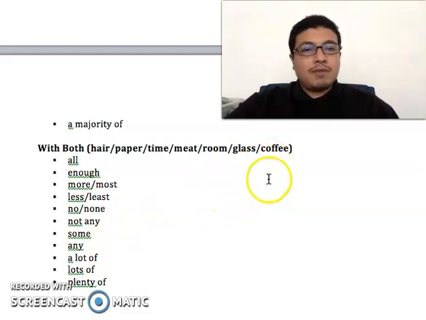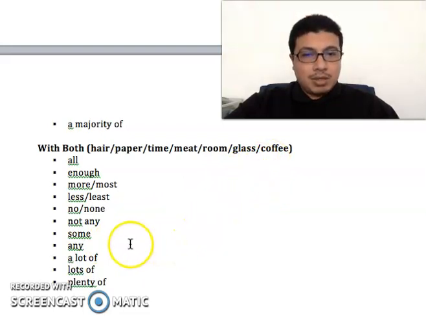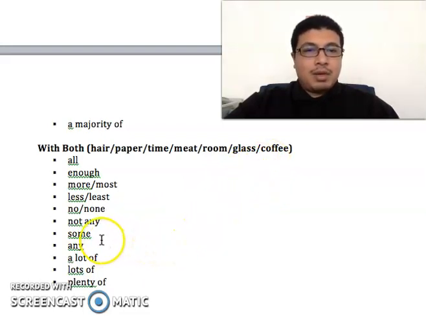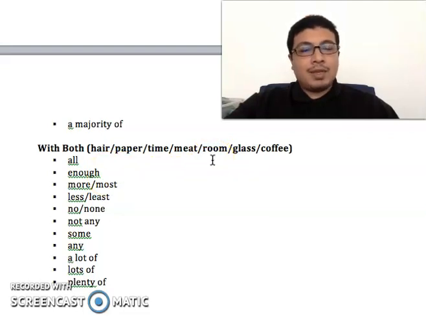There are some coffee left in the jug. There are some meat in the freezer. I have enough room for you to sit, or I have enough space for you to sit.